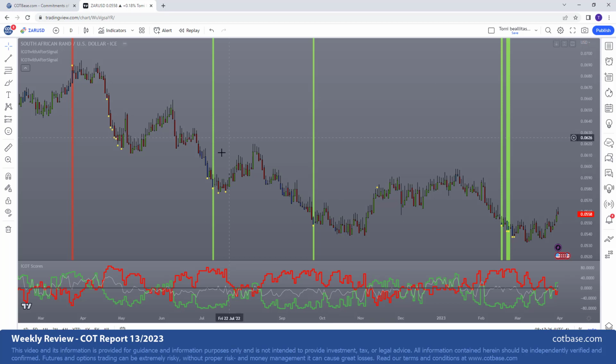Here you can see a daily candlestick chart, and we are getting bullish stress level readings from our own indicator. This is the iCOT scores chart, which is not data from the CFTC but our own indicator, and as you can see, it pretty much gives us the same result, showing that we are expecting something to be bottoming in the South African Rand.